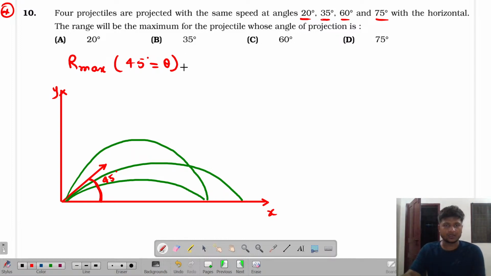So look over here. If you consider 20 degrees, the range will be minimum, totally minimum. At 75 also totally minimum.